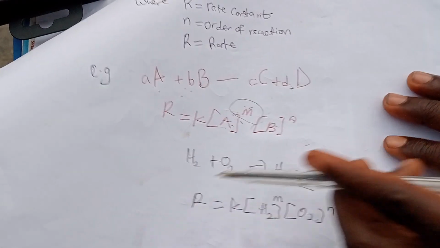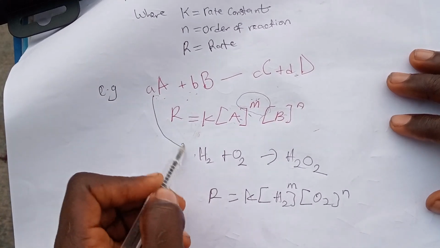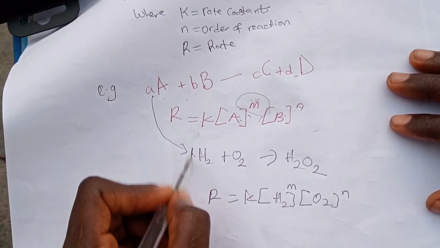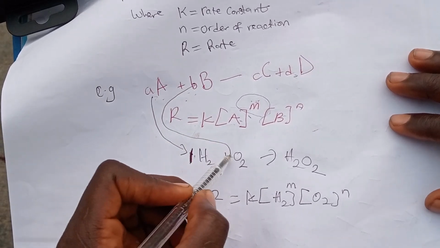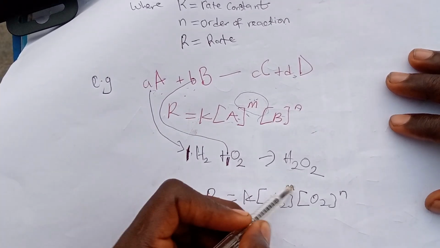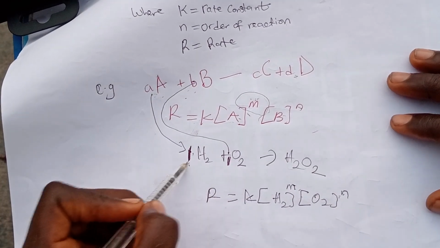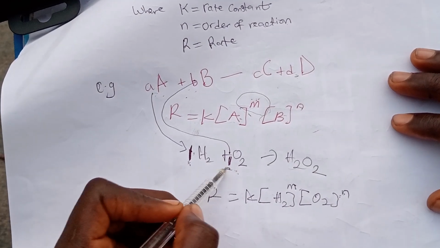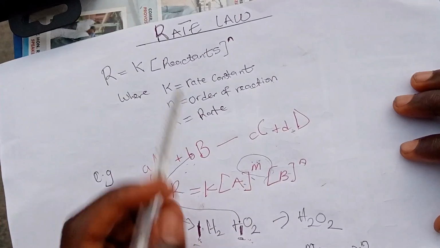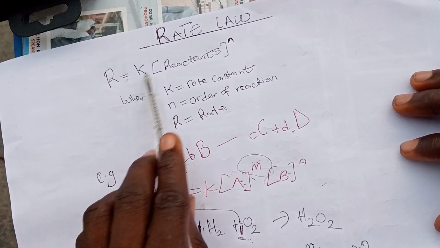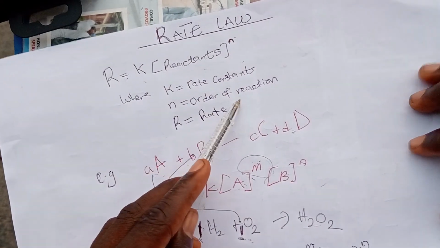You will see that the coefficient a for hydrogen is 1 because there's no number there, and b for oxygen is also 1. So I could put 1 here, which would make it first order. But this stoichiometric ratio, the coefficient of the species in the equation, is not the order of reaction. There's a formula for calculating that. So just be familiar with this: the rate law equals K times the reactant raised to the power of the order of reaction. So n means order of reaction. Thank you.